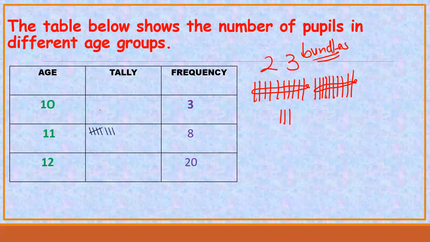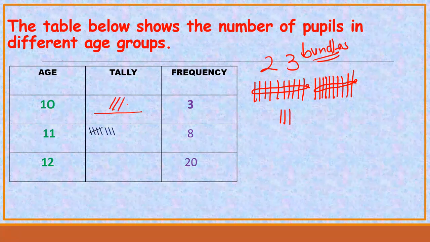when you come to this one, it is missing. How many sticks are we going to make? They have given the frequency here, the number. So the frequency comes from the tallies. Since this one is 3, it means I only have 3 sticks here: 1, 2, 3.